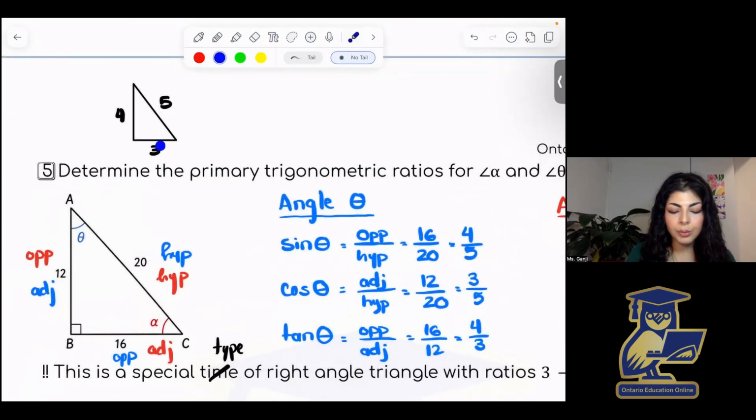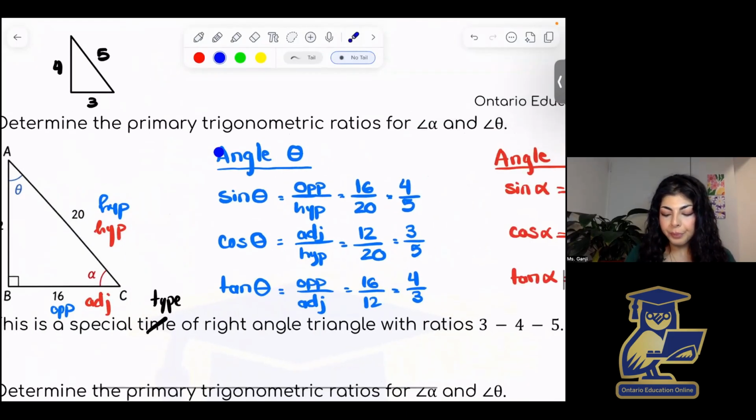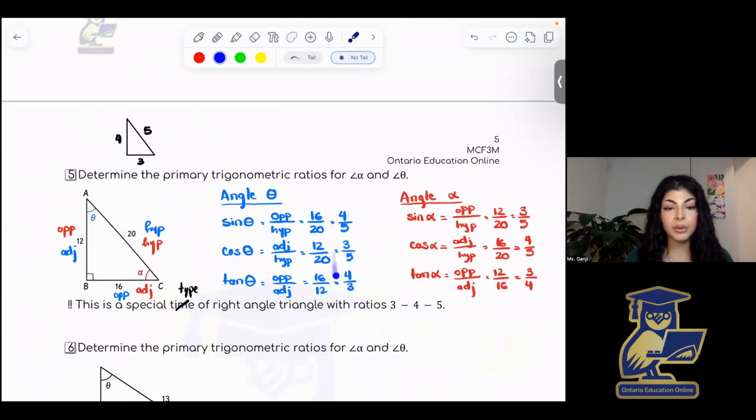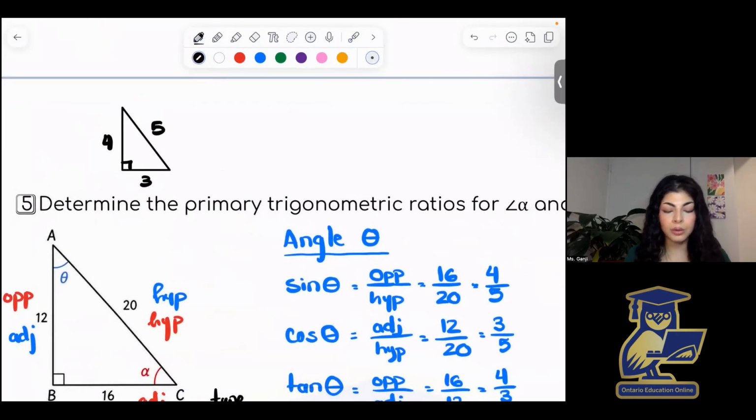As long as you multiply all the side lengths by the same ratio, these ratios hold for these triangles. As you can see here, we have 12, 16, 20. This is 3 times 4, this is 4 times 4, and the hypotenuse is 5 times 4. So that's why, when we calculate the ratios, we end up with 3, 4, and 5, because it's really derived from this main type of right angle triangle.